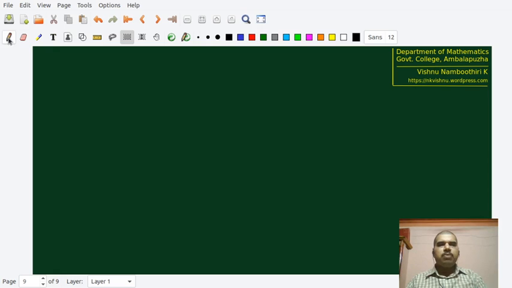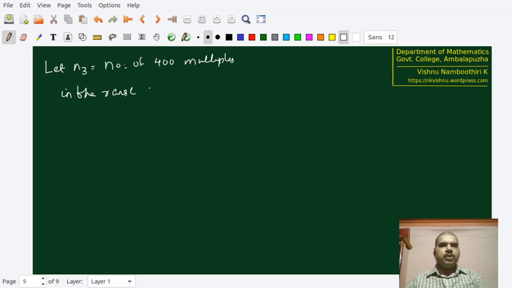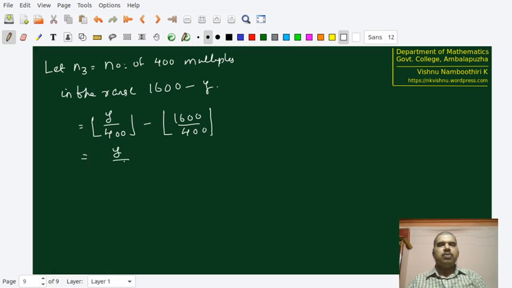If we denote the number of 400 multiples by n3, let n3 equal the number of 400 multiples in the range 1600 to y. Then, as in the previous case, this is equal to y by 400 minus 1600 by 400, that is equal to y by 400 minus 4.